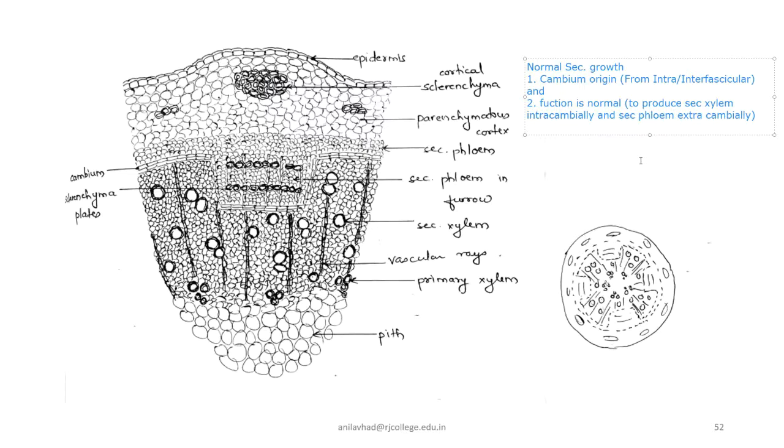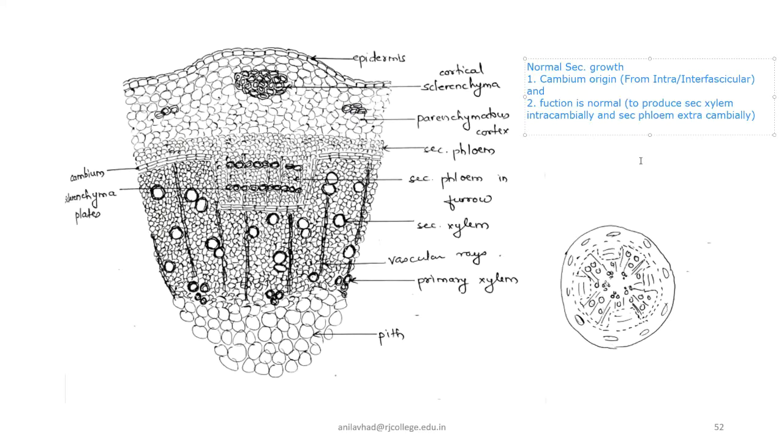In Bignonia stem, the ring of cambium develops normally. What is meant by normally? That is from intrafascicular and interfascicular cambium. The cells of the medullary ray in line with the fascicular cambium become meristematic and form interfascicular cambium.